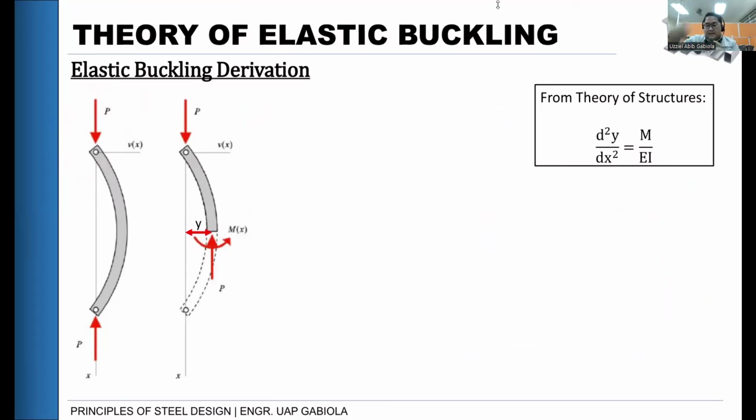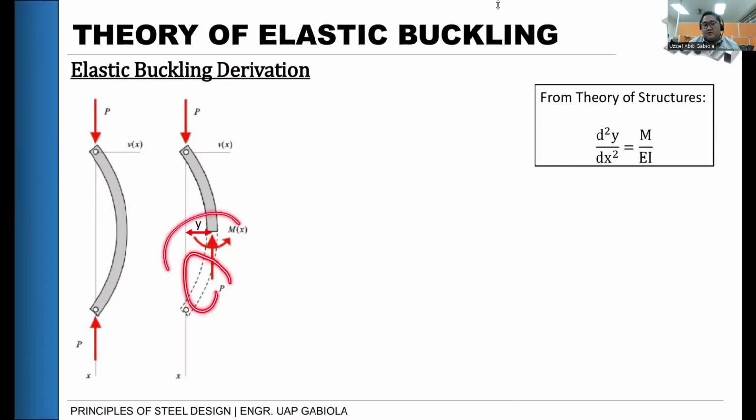So, to proceed with our equation, let's say, nagkaroon tayo ng section dun sa portion na yon. And di ba pag nagka tayo ng section sa isang segment ng member natin, na-expose yung kanyang internal forces. So, na-expose yung kanyang axial load, shear load, and yung moment niya. Okay? But for this case, ang pinapakita lang natin na na-expose sa kanya is yung axial load and saka yung moment niya.